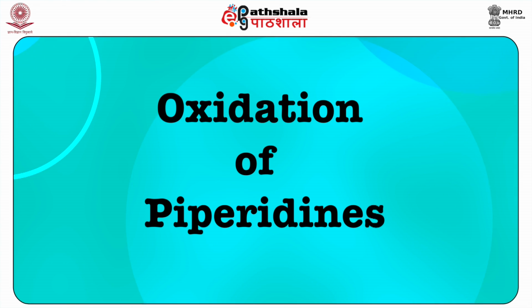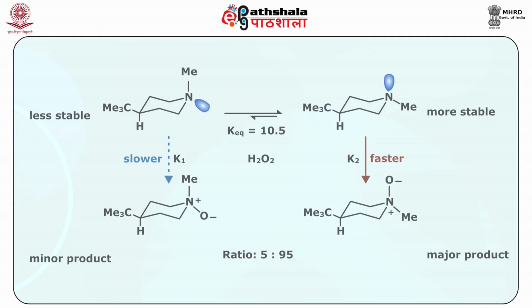Oxidation of piperidines. Oxidation of 1-methyl 4-tertiary butyl piperidine yields mainly the amine N-oxide derived from the most stable conformer. In this example, the more energy rich, less stable conformer reacts more slowly than the major conformer, which is more stable and faster reacting.